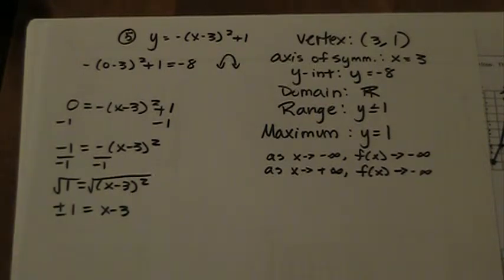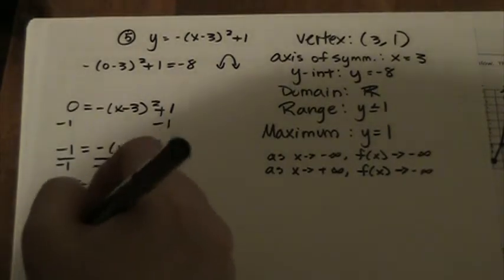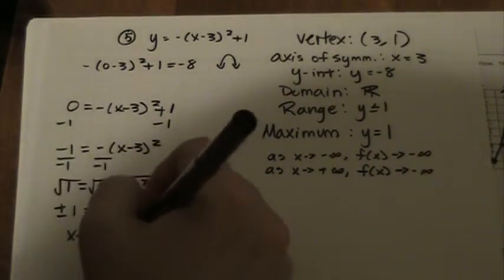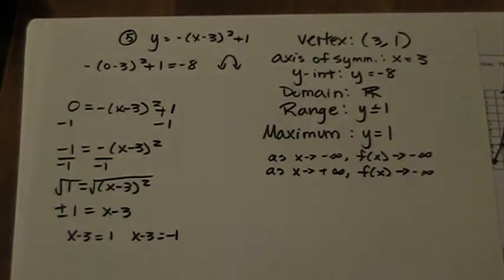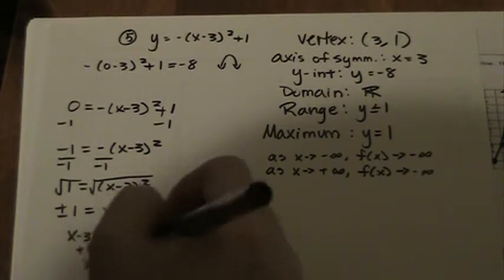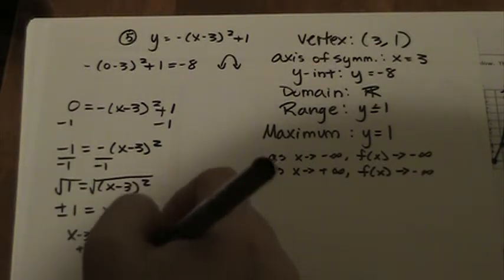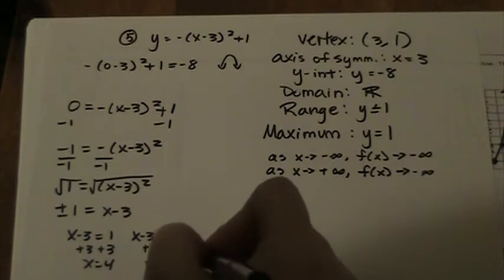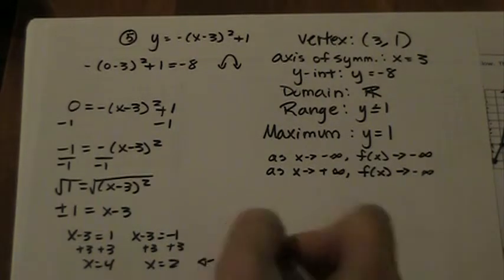So to finish, I need to break it apart into x minus 3 equals 1, x minus 3 equals negative 1. And then I solve those two equations. So x equals 4 and x equals 2. So those are my zeros.